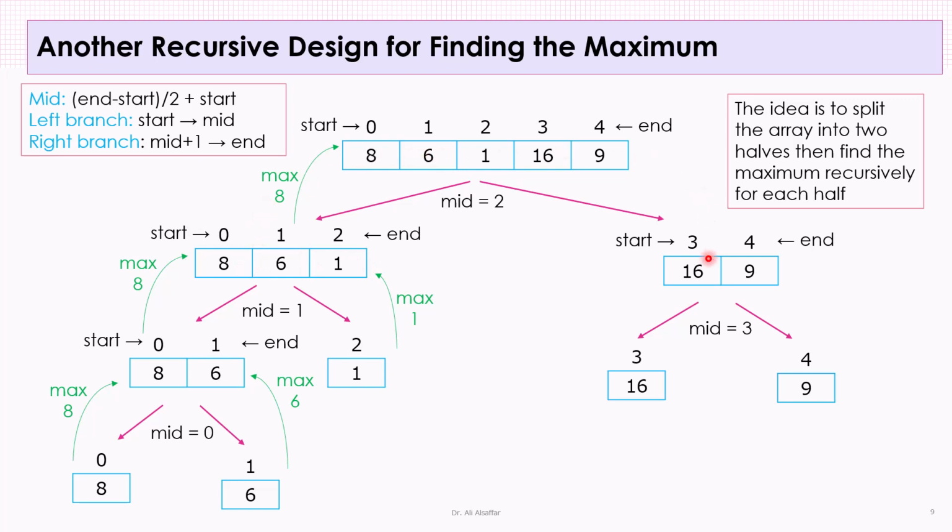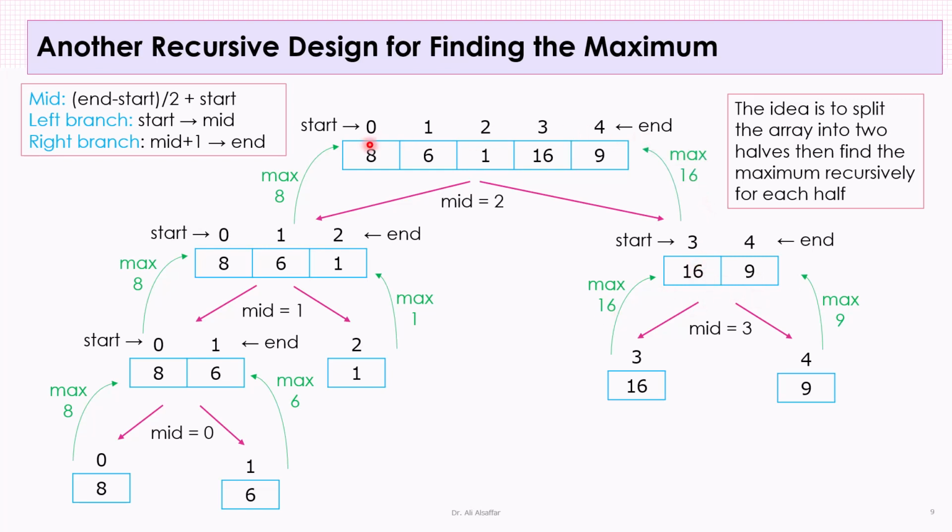And now for the right branch, the last two calls, the first call will return 16 as the maximum, and the second call will return 9 as the maximum. And the maximum between 16 and 9 is equal to 16, so we are retaining from these two calls the value of 16.